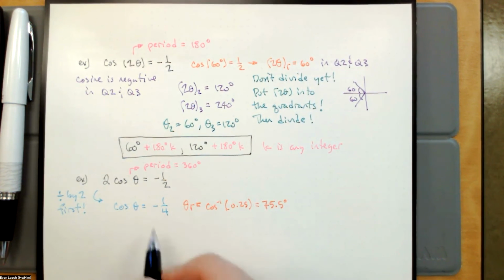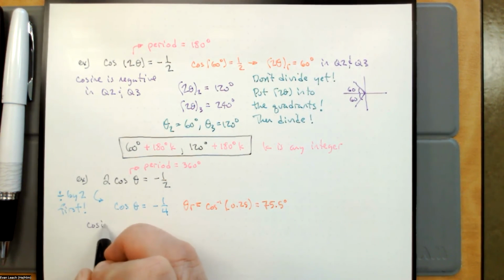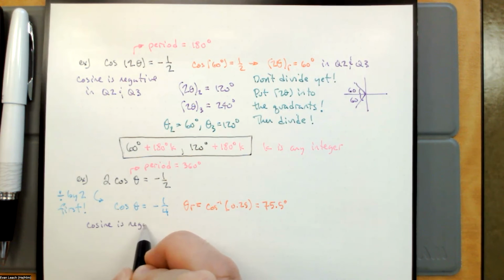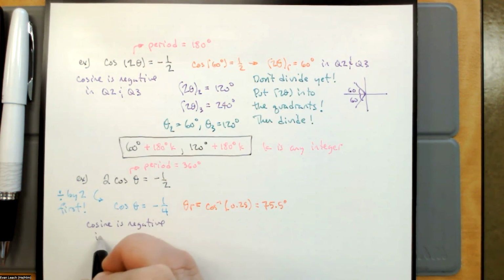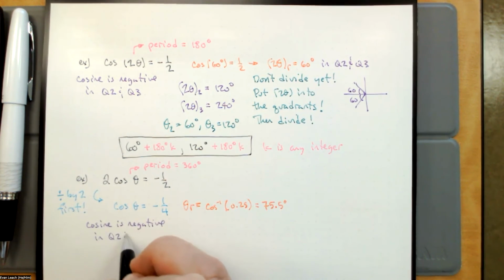Once again, our cosine is still negative, and cosine is negative in quadrant 2 and quadrant 3.